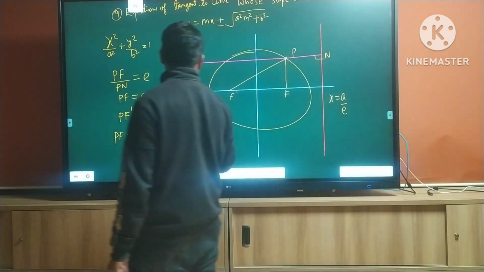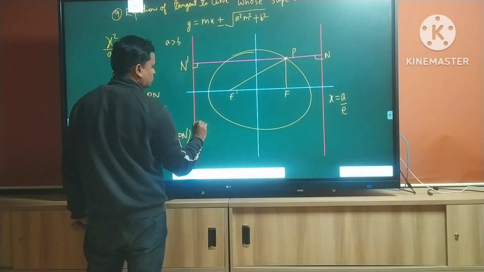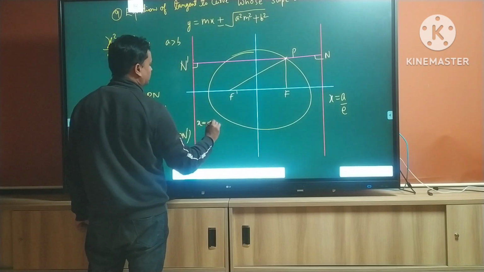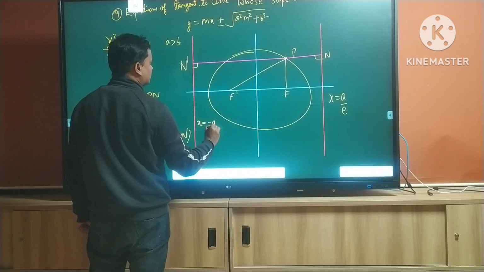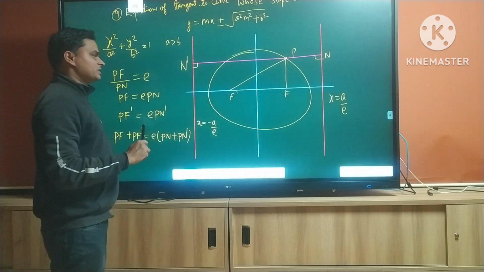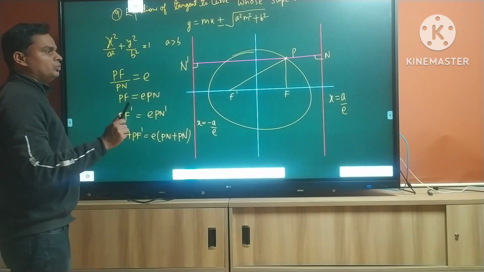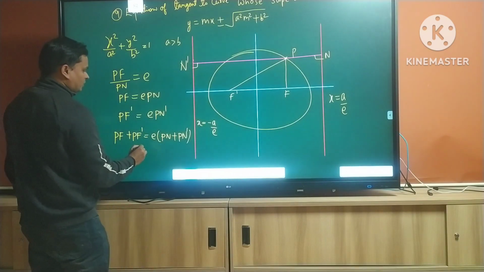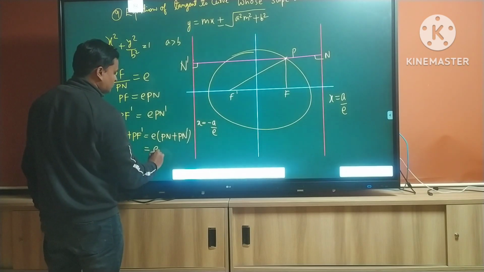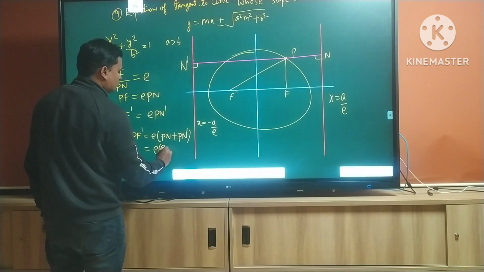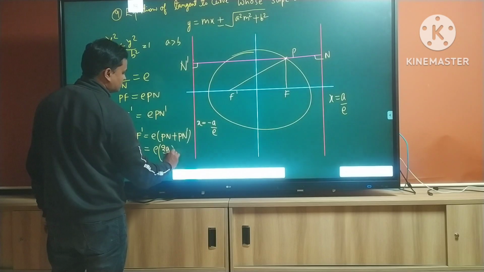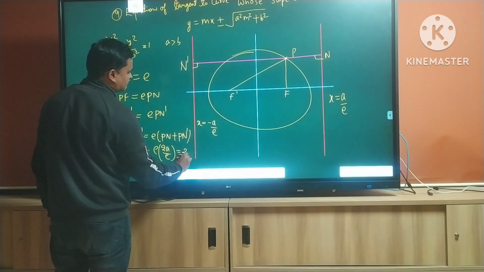And the equation of this directrix was x is equal to minus a upon e. So the difference between these two directrices is nothing but 2a upon e. Therefore I am writing it as e times 2a upon e, and therefore this is equal to twice of a, and hence it is proved.